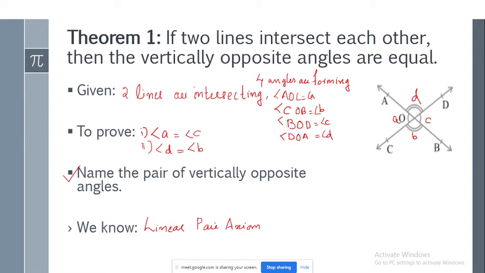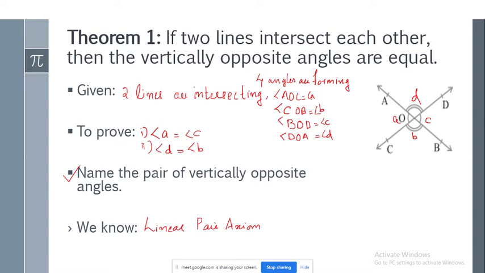In order to apply this linear pair axiom, we need to see a line as well as a ray, or adjacent angles. Axiom 1 states that if a ray stands on a line, then the sum of adjacent angles is 180 degrees.